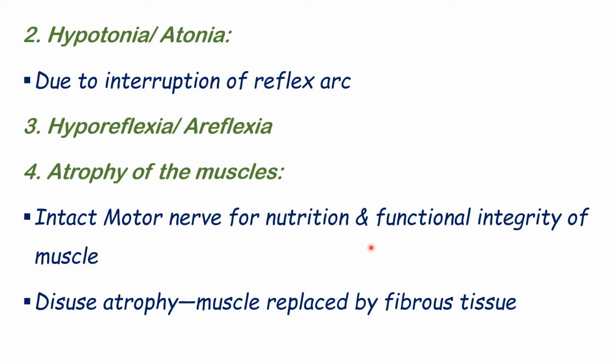So when there is long-standing denervation of the muscle, both nutritive and functional loss occur. The muscle is not moving, it is paralyzed, and moreover the nutritive input via the nerve is also lost. So finally what happens to the muscle is disuse atrophy.